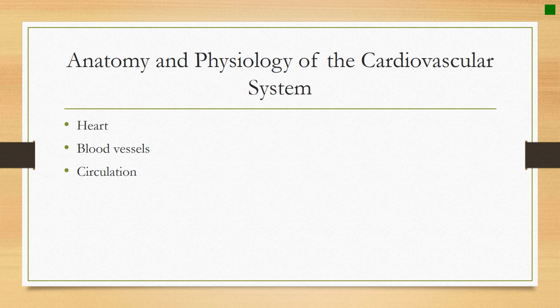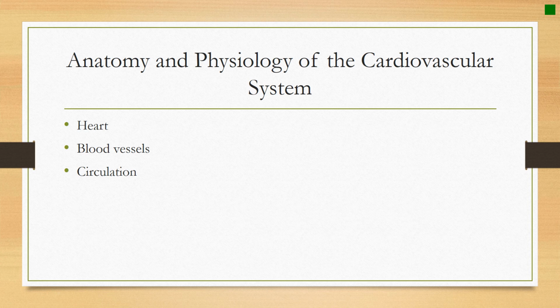The heart has two atrioventricular, or AV, valves located between the atria and the ventricles. We have a tricuspid valve, which separates the right atrium and right ventricle. It contains three flaps or cuffs. The mitral valve is the left AV valve separating the left atrium and the left ventricle.